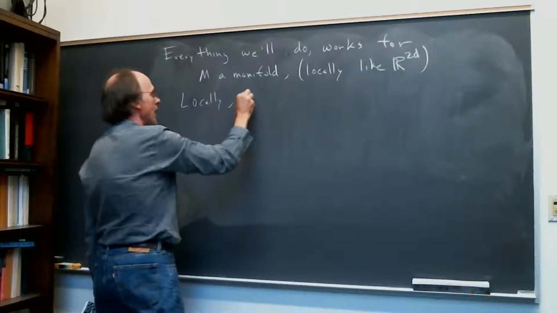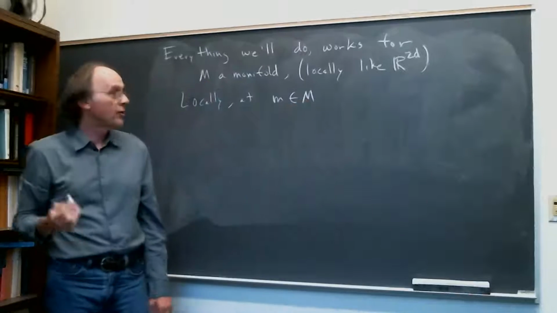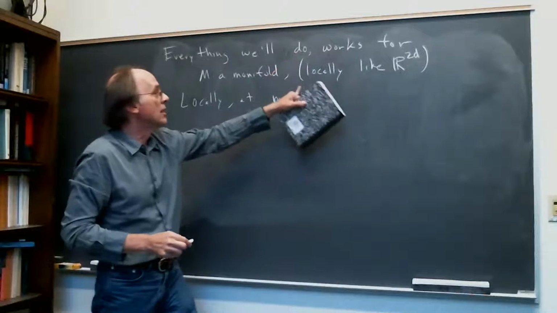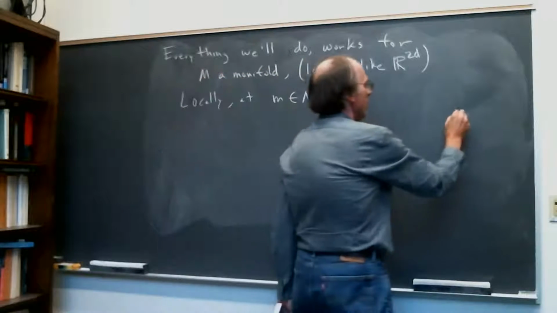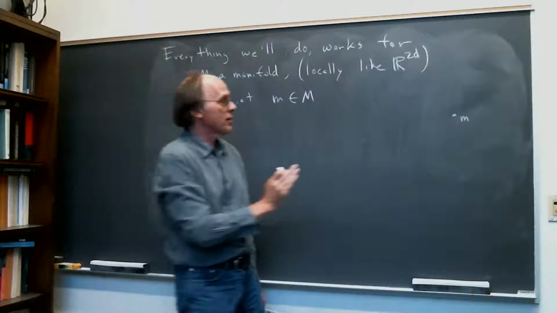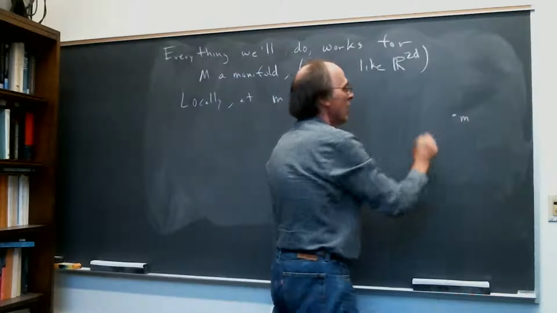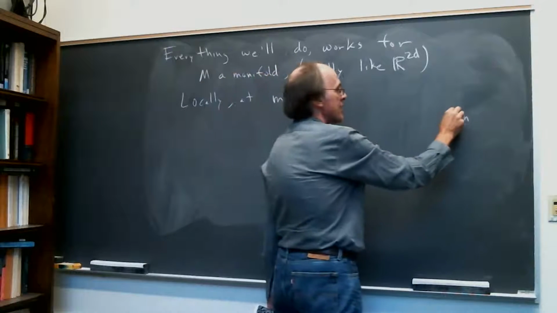Say m is an element of M. If you're at some point m and it locally looks like R^2D, then you want to ask what the tangent vectors are. What's the basis of the vector space?